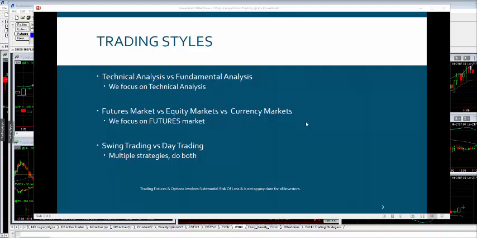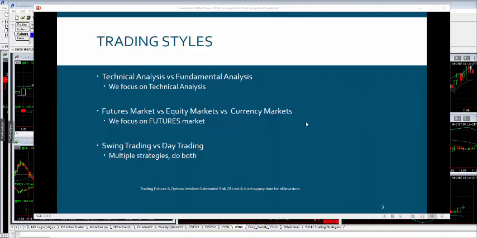You also have different styles that would be like swing trading versus day trading. When it comes to algorithmic trading, we actually do both. We do swing trading and day trading. Day trading is you're in and out the same day. It does have some advantages in that there's less overnight risk or black swan event risk because you're in and out the same day. And at least with our algorithms, we have stops in place.